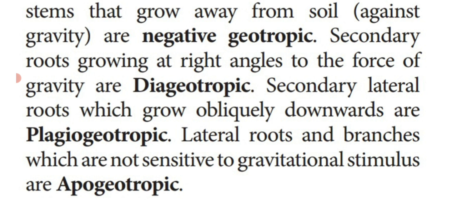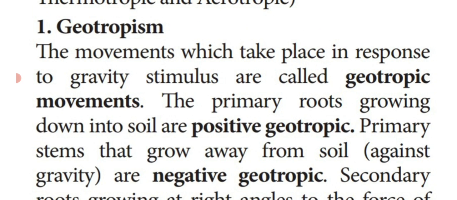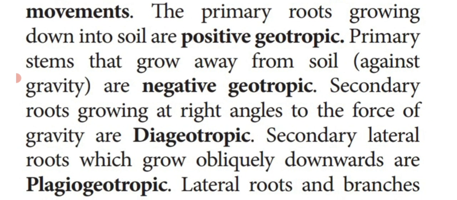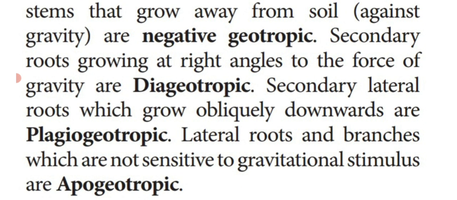See, geotropism shows different movements: roots grow towards the soil, positive; the stem grows above the soil, negative geotropic. Secondary roots which grow at a right angle to the force of gravity are diageotropic.